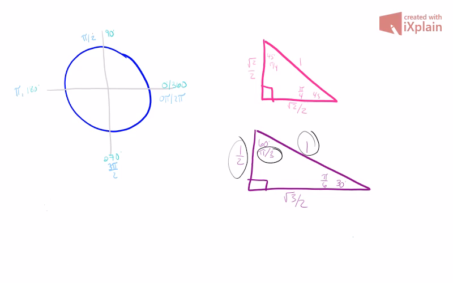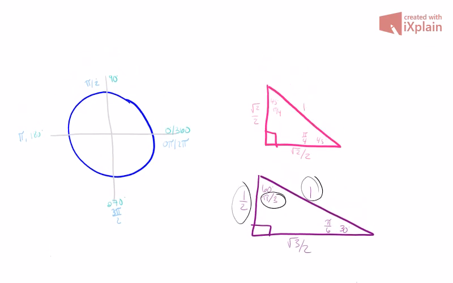So what happens when I have something like 90 degrees, where I don't really draw a triangle? So here, we just really want to think about this unit circle here. So remember that the unit circle means that I've got a radius of 1. So if I've got something like, let's say 0 degrees. 0 degrees is right here. So here, think about how I get to this point. If my radius is 1, that means that this value right here is 1 unit.